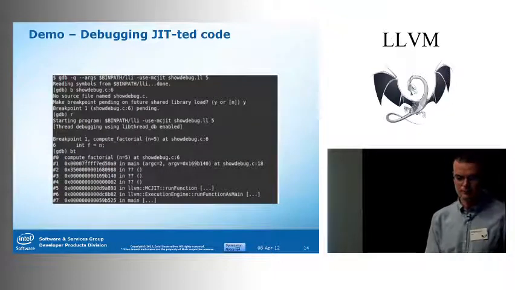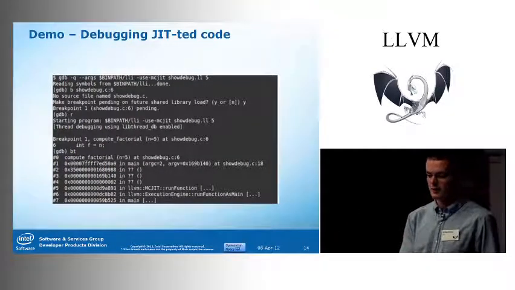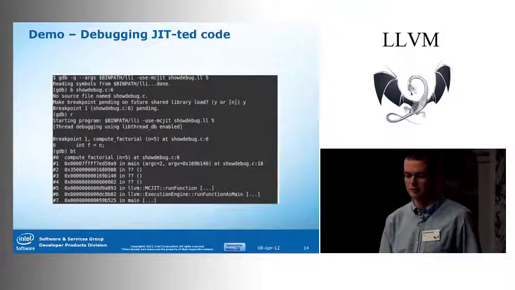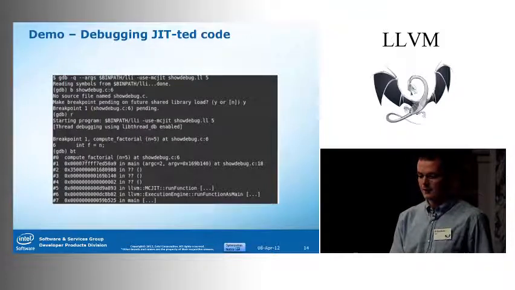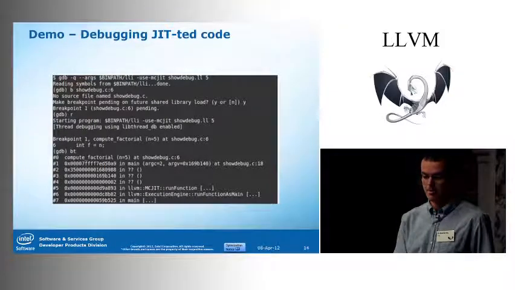So I'm running LLI with MCJIT under GDB, passing it 5, like computing factorial of 5. I can put a breakpoint on a line in this code, and again, it says make breakpoint pending on future shared library load. Yes.